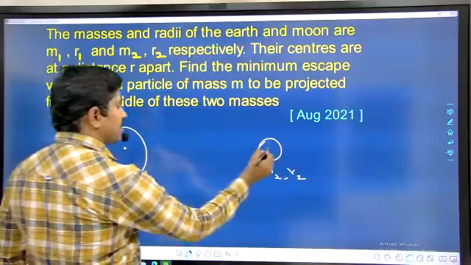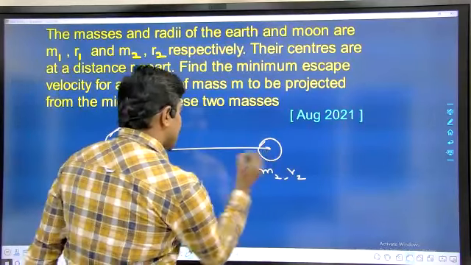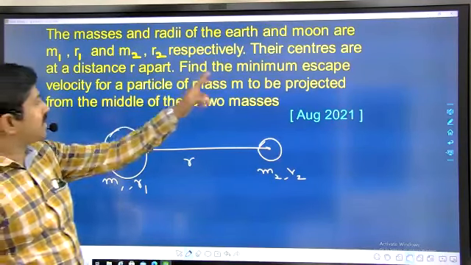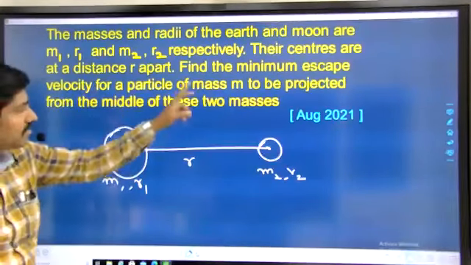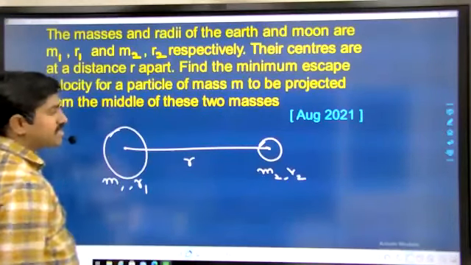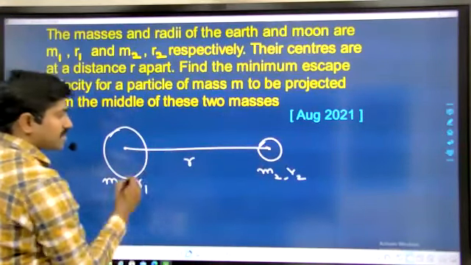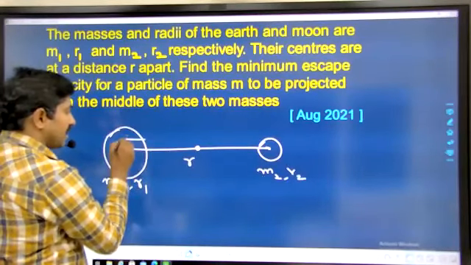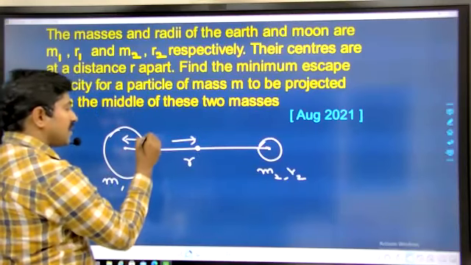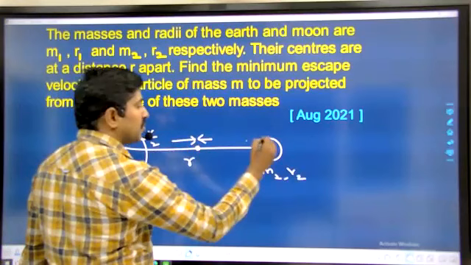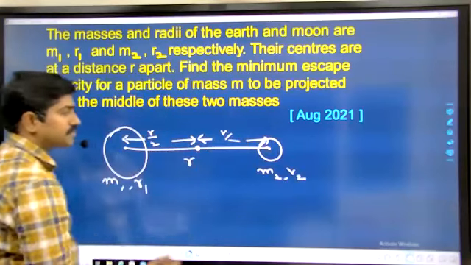The distance between their centers was simply given as r. If the particle is projected from exactly the middle point, what is the distance from Earth? R by 2. And what is the distance from Moon? That is also R by 2.